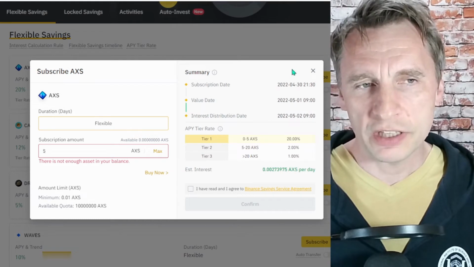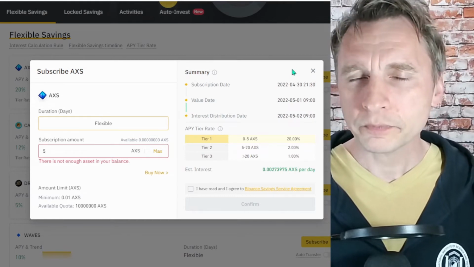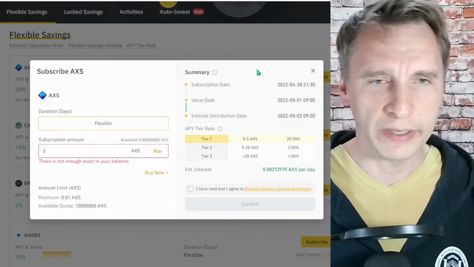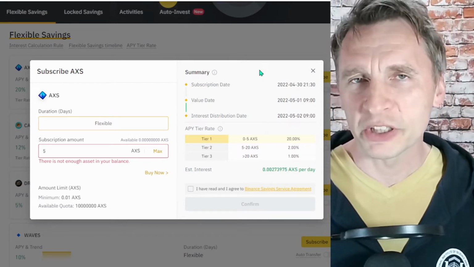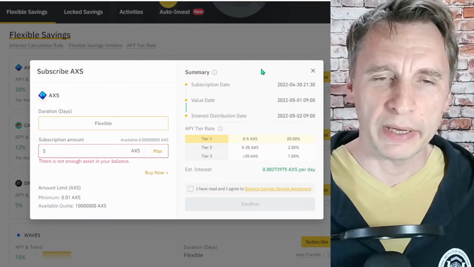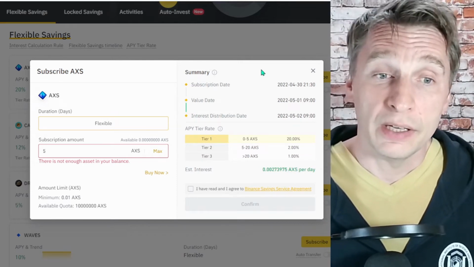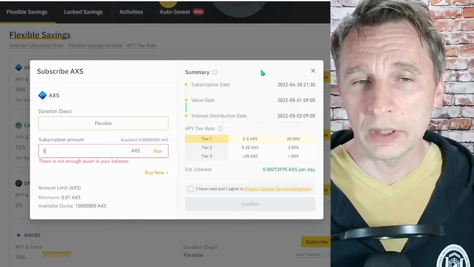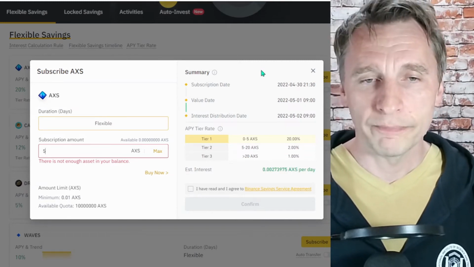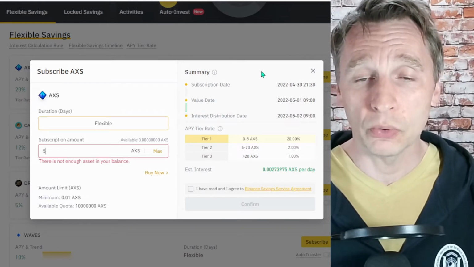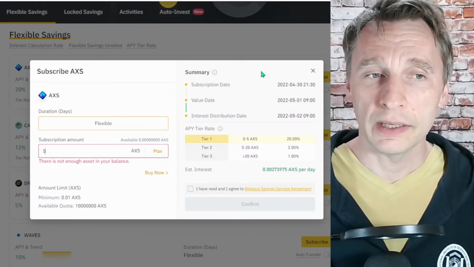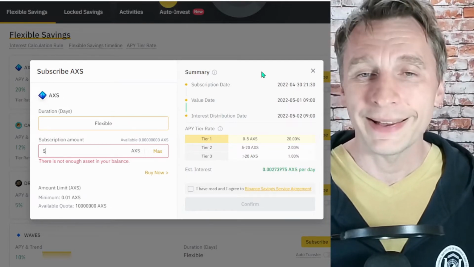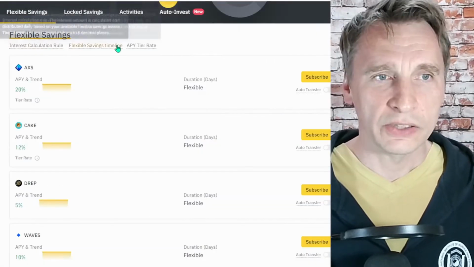It's because if you have crypto sitting on your Binance account for whatever reason, you're not trading and it's not moving, and you're waiting for the bear market to recover, you're waiting for the bull market to come back, and you just have the crypto sitting there, you could put it into flexible savings, which will allow you to collect some interest, but also have the flexibility of taking your crypto out of the savings account at any time. So that's flexible savings.